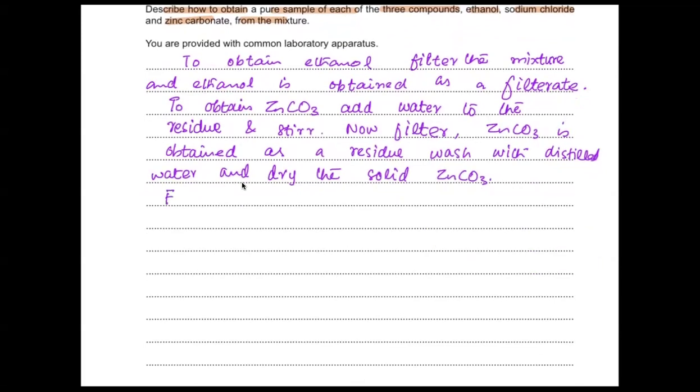After this second filtration, the filtrate is the solution which passes through the filter paper and is collected at the bottom. The filtrate contains sodium chloride, right? Till here, is this clear to all of you? Yes, sir. Yes, clear.